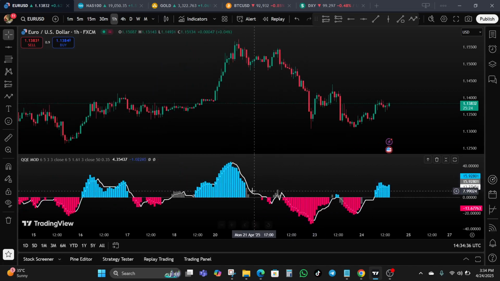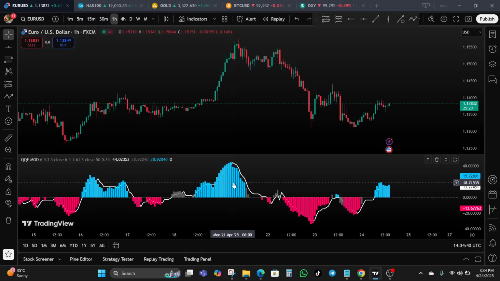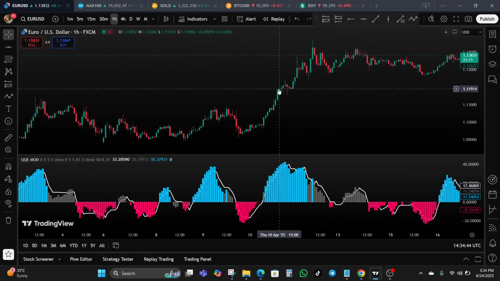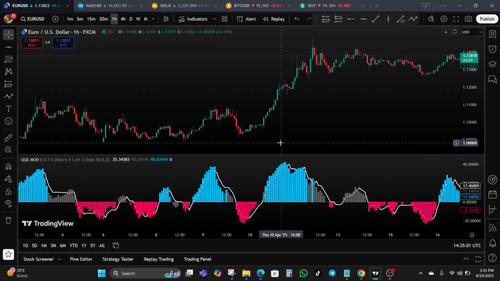So just look for the histogram pullbacks before realignment with the trend. When you notice that a trend is ongoing, for example, this is a bullish trend and you're going to see blue histogram bars. Now, when you notice that the length of the histogram bars start getting short, because when the trend is strong, the subsequent bars will be longer than the previous. But when you notice that subsequent bars are now shorter, it shows that a pullback is incoming.